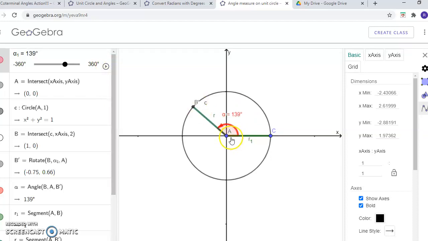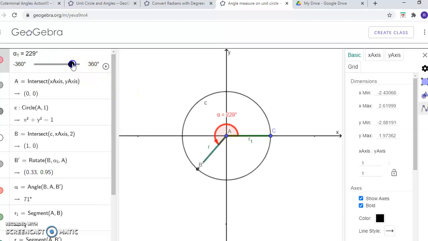Okay, the concept of radian measure is if the arc length, for instance this one, the length of this is equal to the length of the radius of the circle, that is 1 radian.